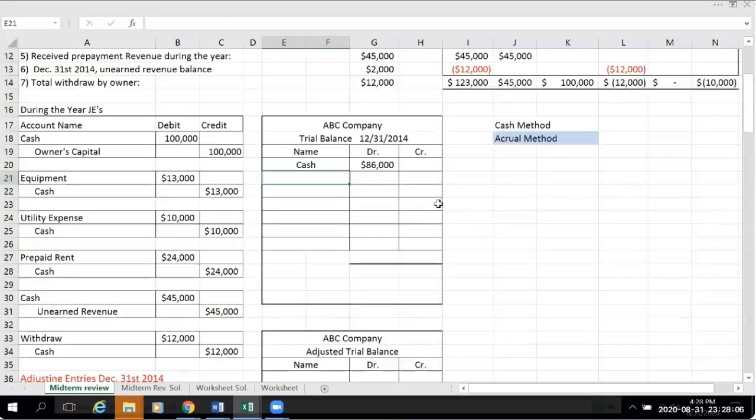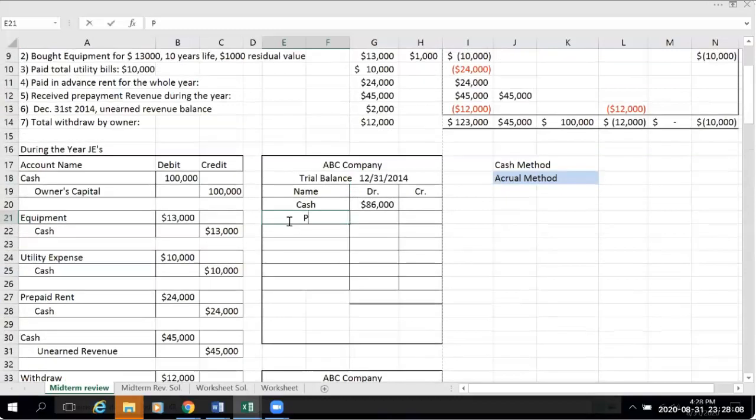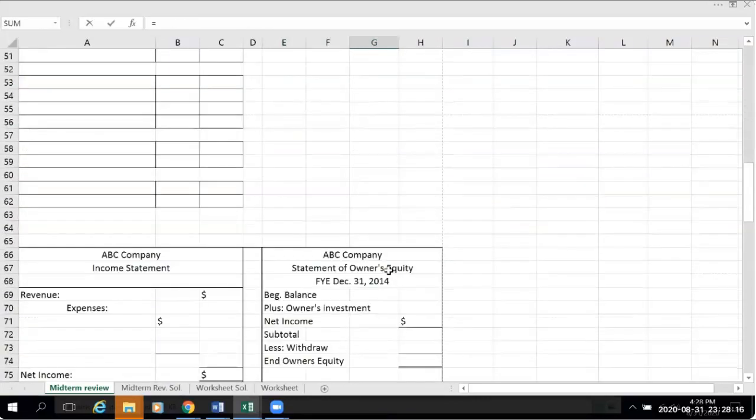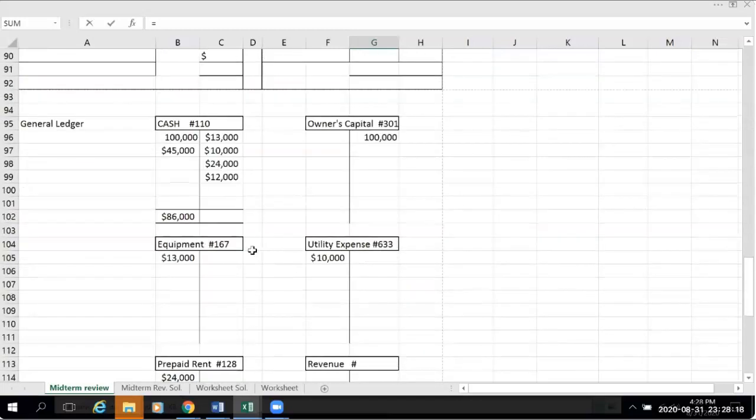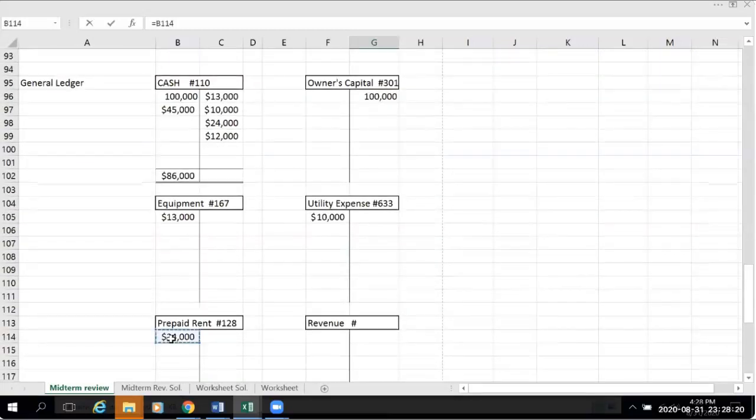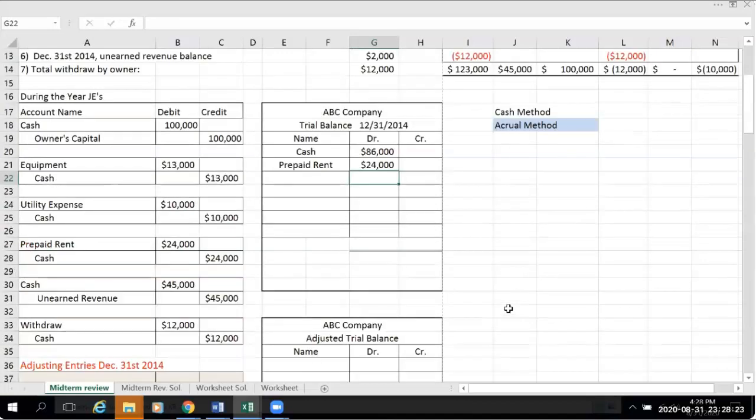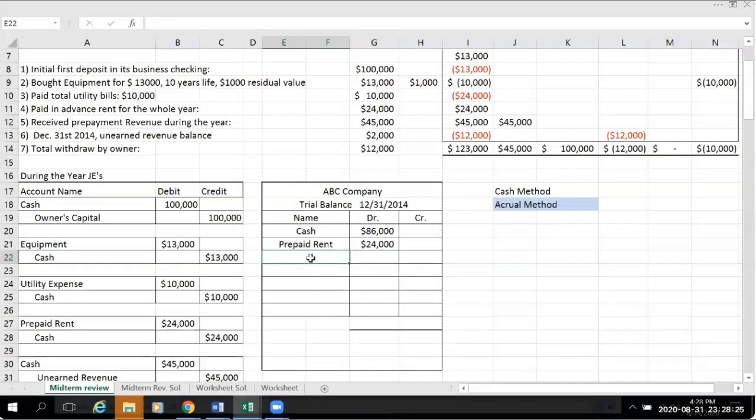So after cash, prepaid rent. And that's equal to $24. And I believe that's it.